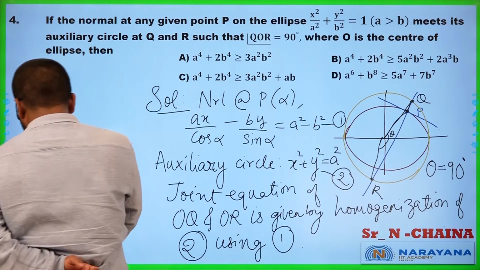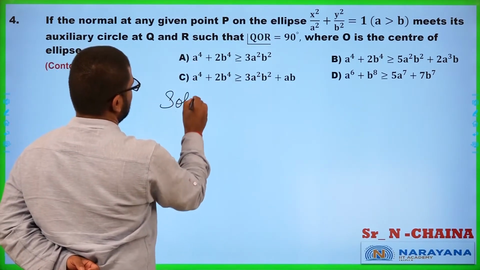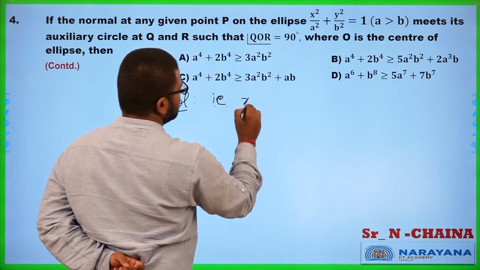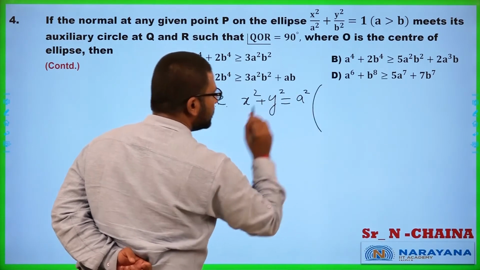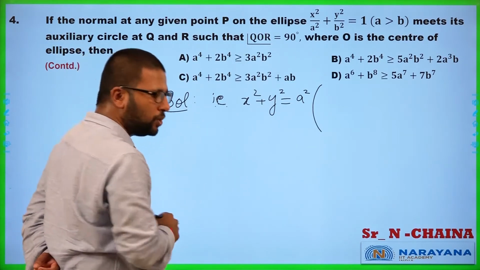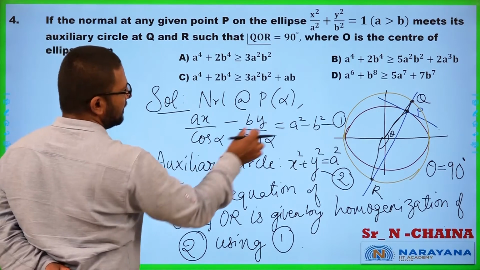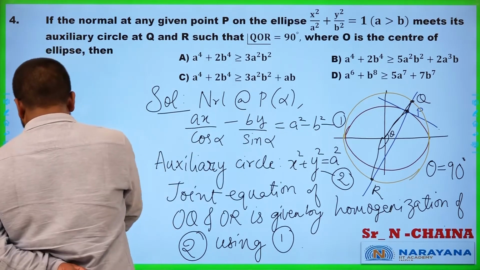Alright, so let us write that. That is x square plus y square equal to a square into, now here the degree of terms is 0, I want it to be 2, so that homogenization we can get by the equation of normal. We just have to bring the a square minus b square here, right?